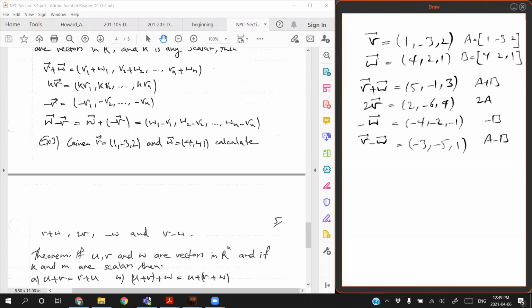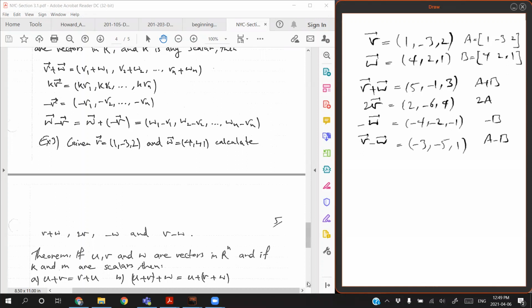So these definitions for vector operations are in accordance with the operations defined for matrices, for row matrices or column matrices, or generally for matrices. It's the same definition.